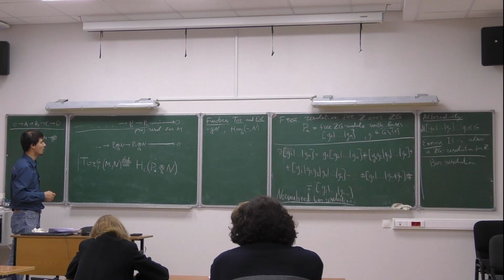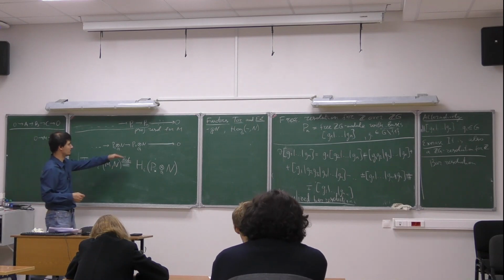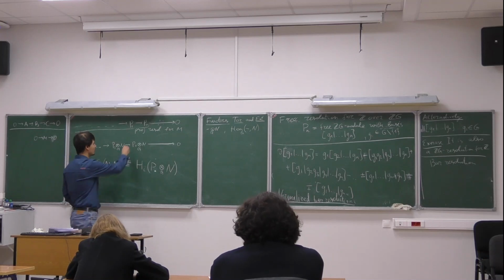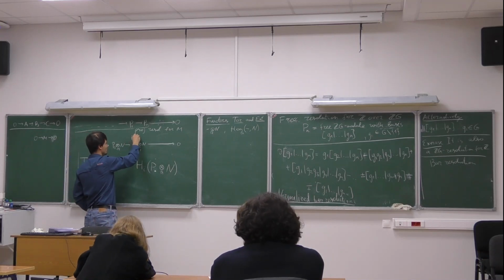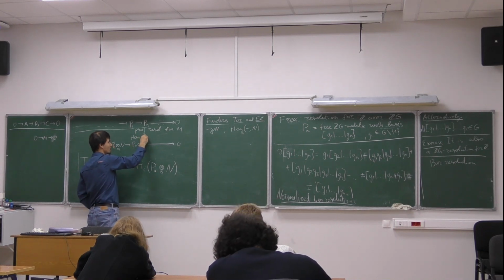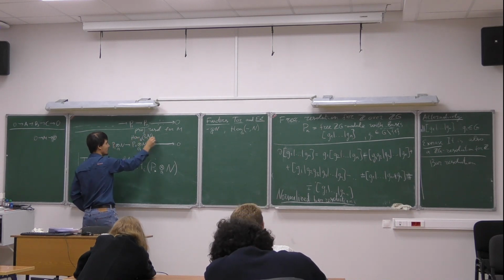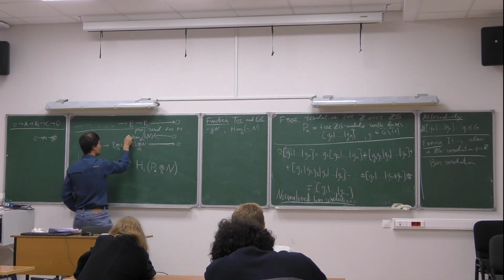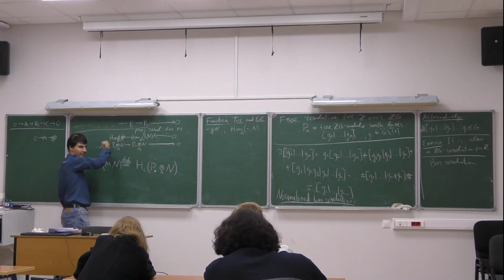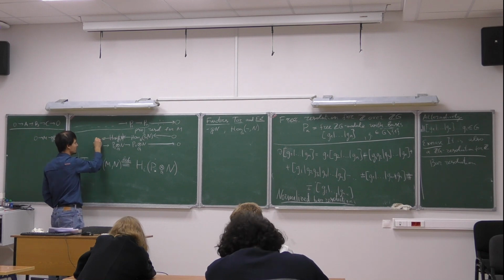Similarly, instead of taking a tensor with N, one can take Hom to N. Then you take Hom again over the G. And then you have a cochain complex. You have a complex with differentials in the opposite direction.